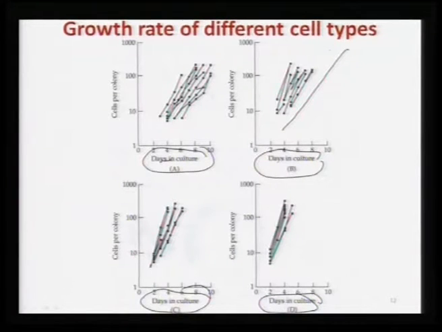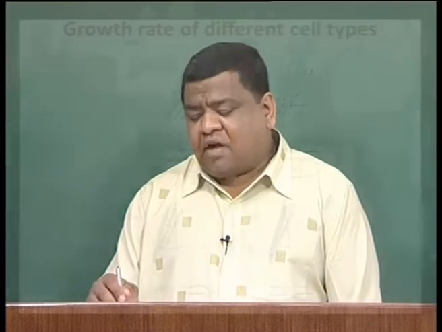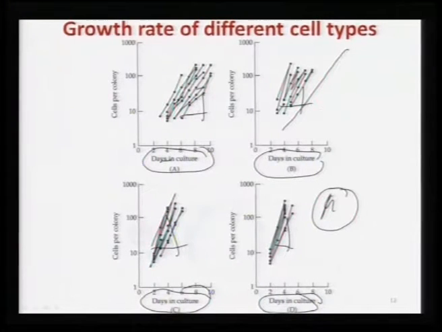However, the slopes are different. So, the slopes being different means their growth rate is also different. That means that the mu value is different for all 4 different cell lines.